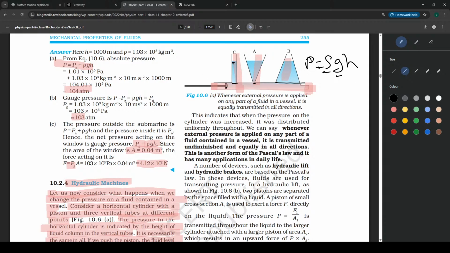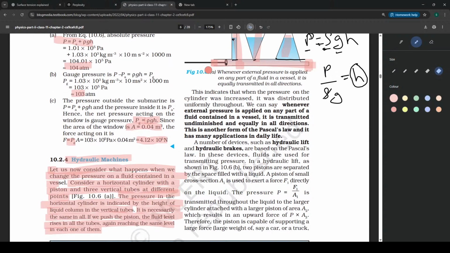Because the pressure applied for all of them is the same, rho is the same, g is the same, h equals P by rho g, so height is also constant for all of them. Whenever external pressure is applied on any part of a fluid in a vessel, it is equally transmitted in all directions.